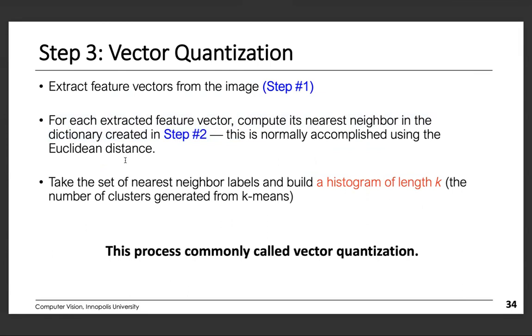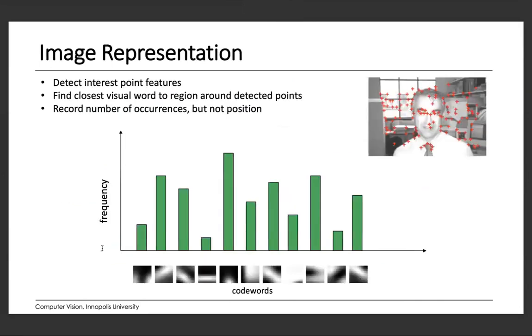What we will do later is take the set of nearest neighbor labels and build a histogram of length k, where k is the number of clusters generated from k-means clustering before. This process is commonly known as vector quantization, and it will give us the following. This is the frequency of the bag of visual words that we have predetermined. These are the words in our data set, and this is their frequency.